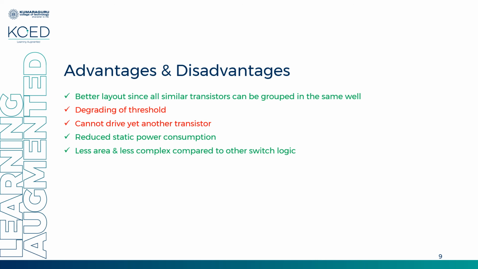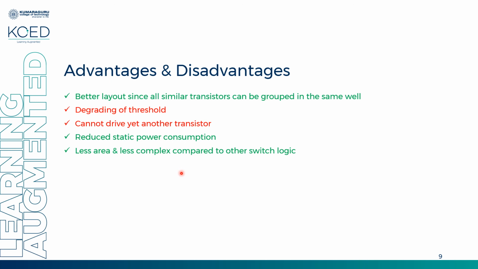And you have reduced static power consumption. Why? There is no path from VDD to ground. You don't have any transistor connected directly to VDD always. Remember, you have not connected any transistor to supply always. And you have less area and less complexity in fab compared to other switch logic.